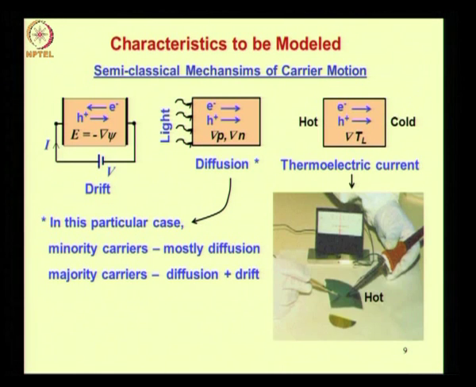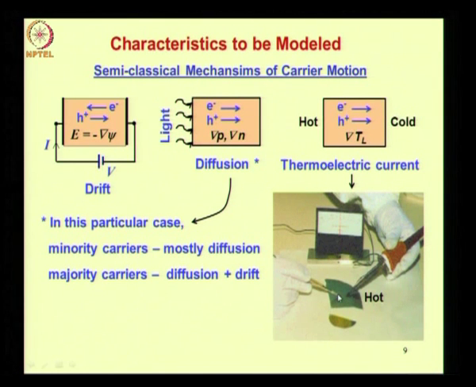An example of thermoelectric current in practice. What is shown here on the slide is a semiconductor sample on which a soldering iron has been positioned, and this soldering iron is hot. So this hot soldering iron acts as one contact, namely the hot contact, and you have another contact which is a simple probe which is at room temperature just on the side, on the left hand side.